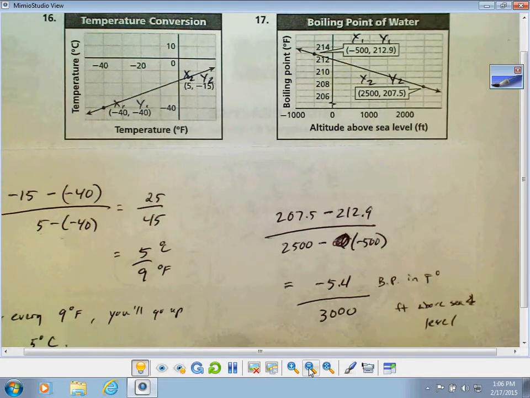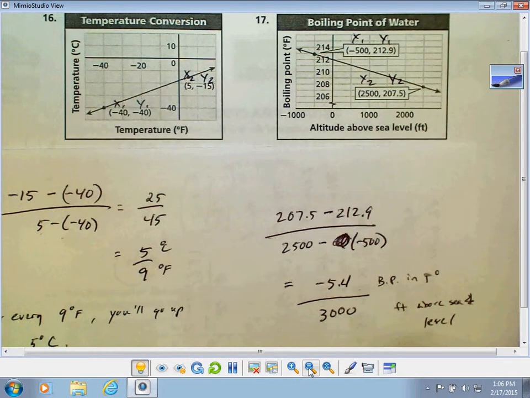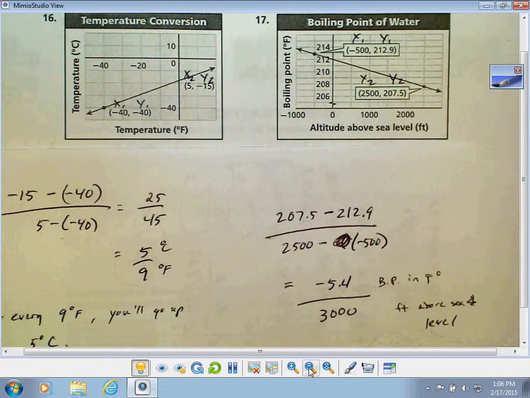Okay, so what I'm saying then is the slope represents that you're going to lose 5.4 degrees Fahrenheit from the boiling point for every 3,000 feet above sea level.